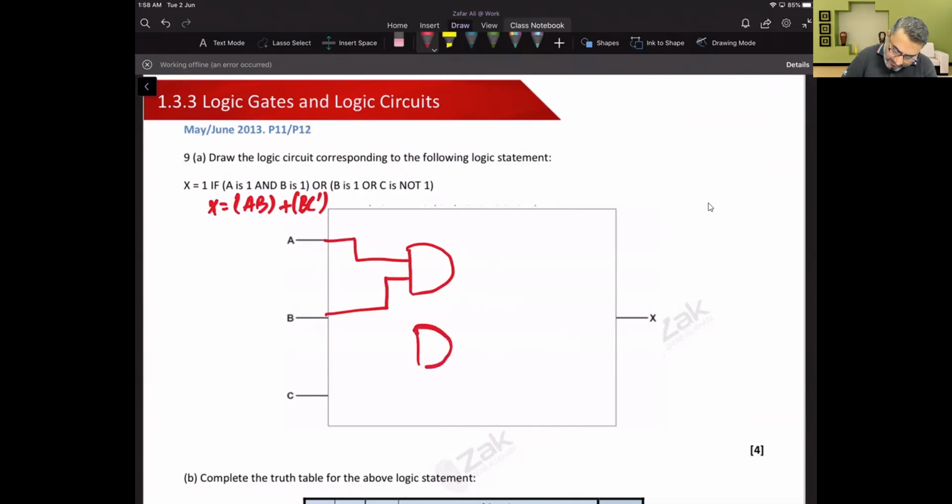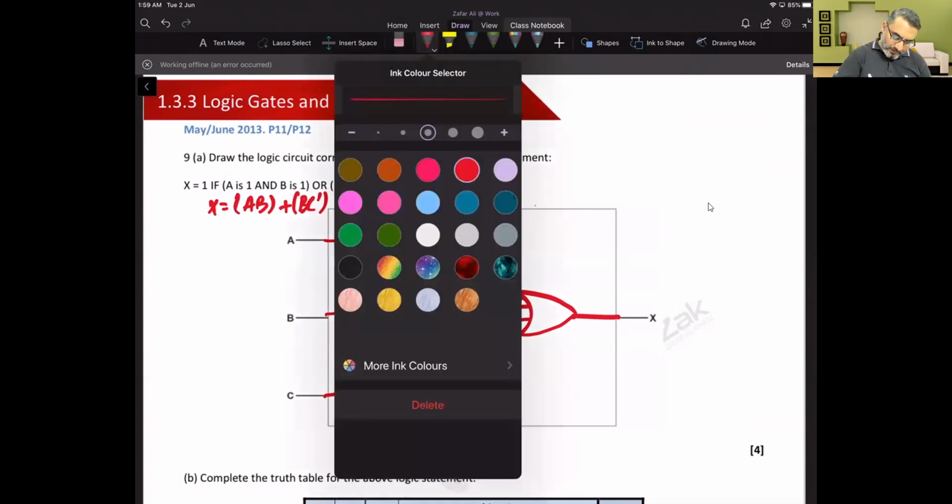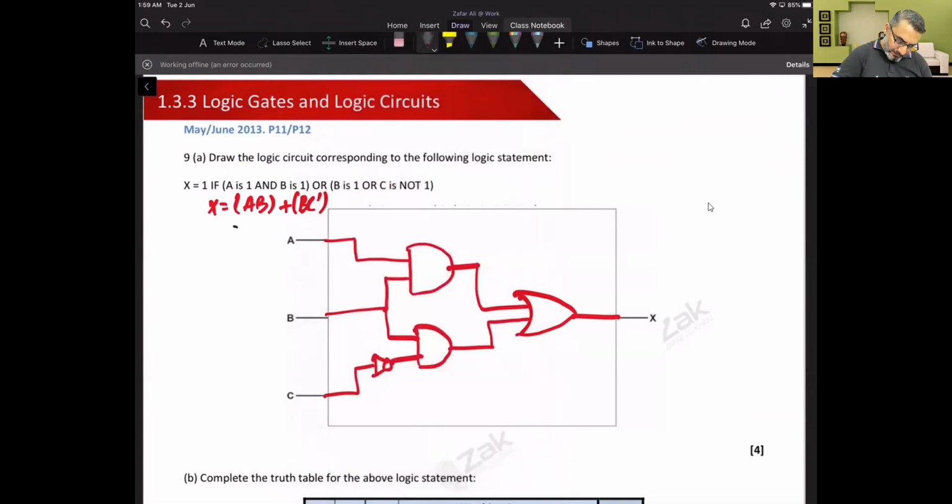This is again an AND gate with B, and we have to convert C to its not form, and then there is an OR gate. So as you can understand over here, this is AB, this is BC not, and this is their OR.